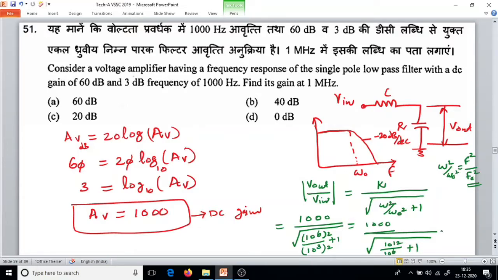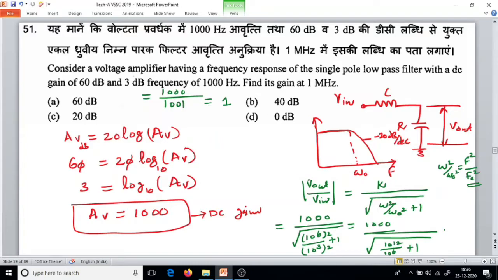So this I'll write here: 1000 divided by the square root of 10 to the power 6 plus 1, which is almost 1000 only, 1001. So the gain equals approximately 1.